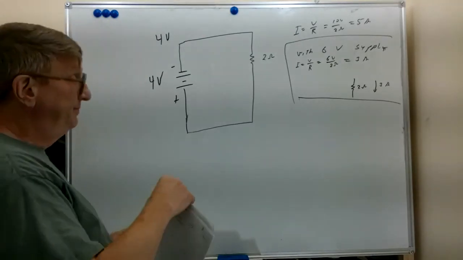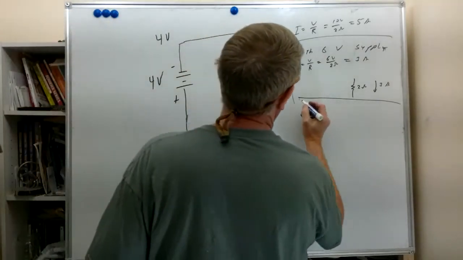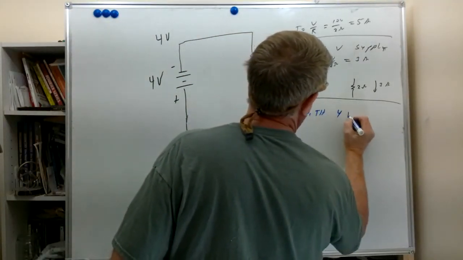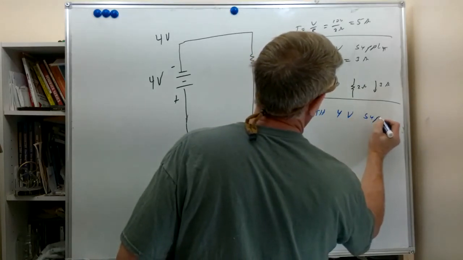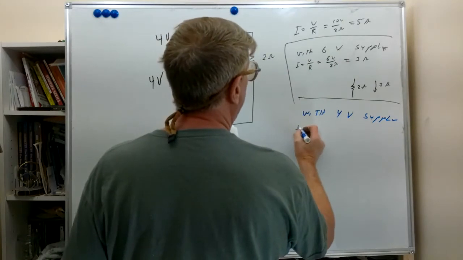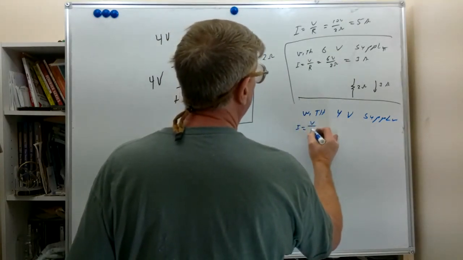Working with the 4-volt supply, same formula: I, current, or intensity, equals voltage divided by resistance.